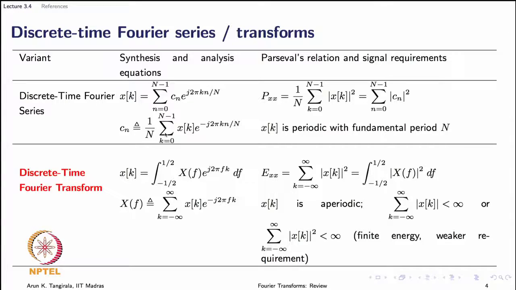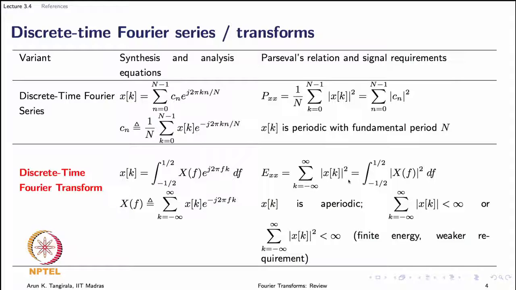As far as the analysis equation is concerned, in place of the Fourier coefficients, we now have the discrete time Fourier transform, exactly like in the continuous time case. And once again, the summation now runs from minus infinity to infinity, which means we are looking at the entire existence of the signal, in contrast to the periodic interval that we considered for the discrete time Fourier series case.